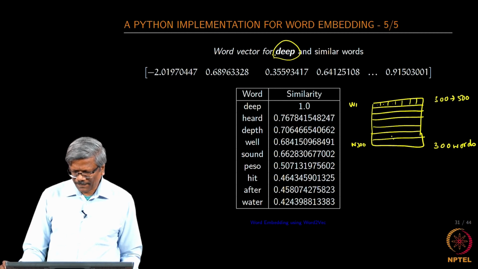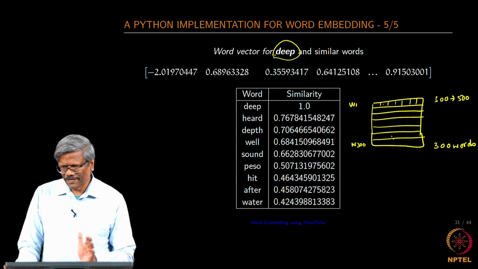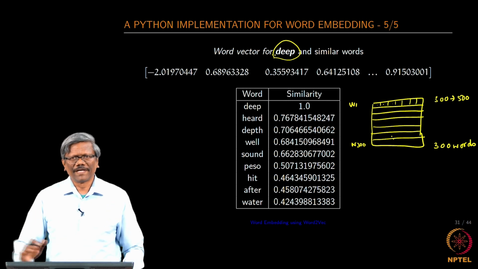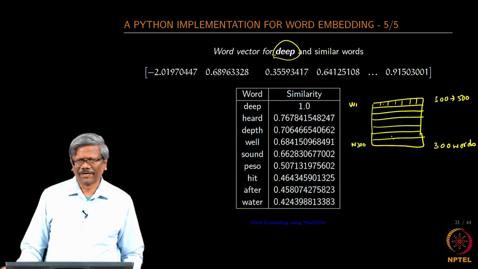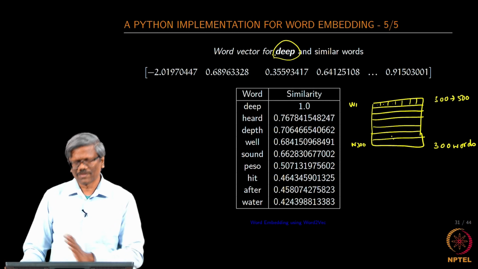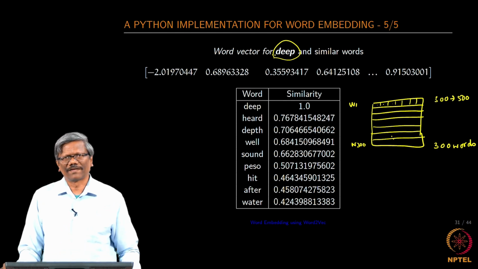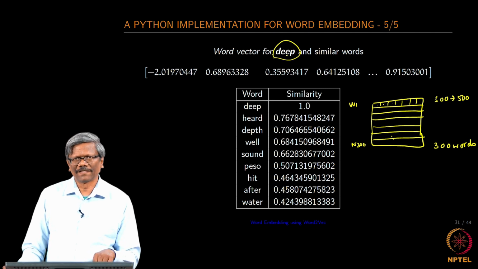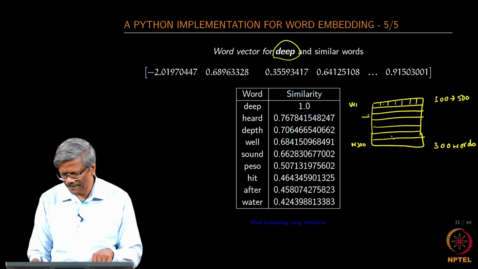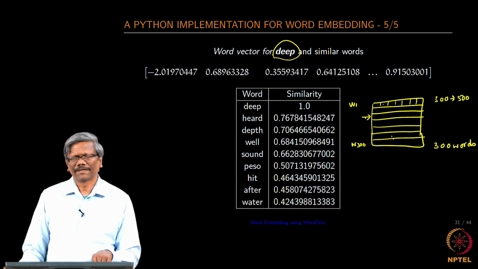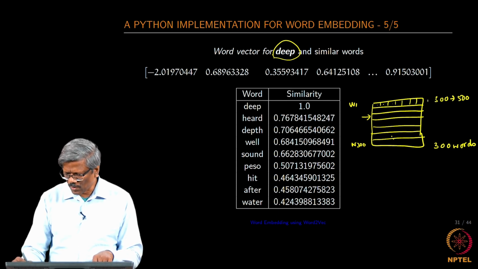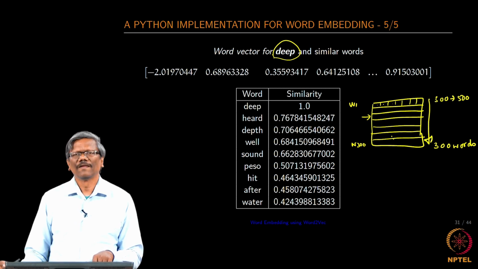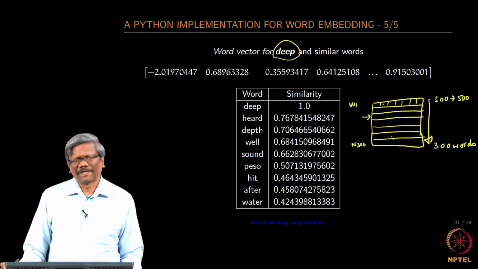So, once the program reaches an equilibrium state, we do not need the context weight part, we do not need that softmax, we do not need any of those. What we require is the embedding matrix. So, now I take one word, deep, and take the vector out of that, and then run it through all the word vectors here to find the similarities.